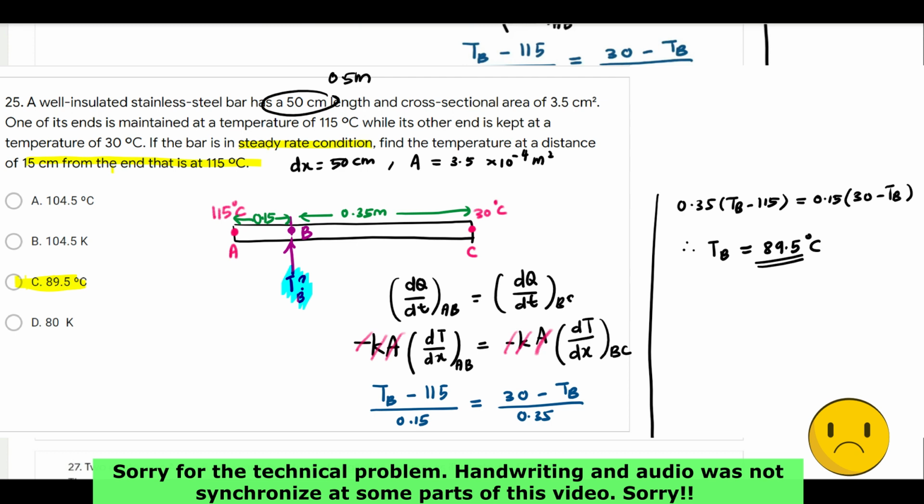So kita kena tahu at temperature of T, kita kata delta LB plus delta LC akan sama dengan 0.5 mm.